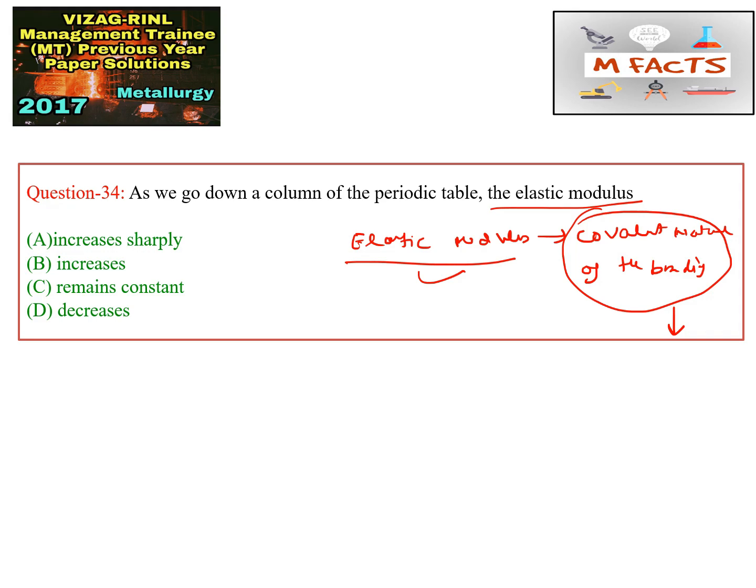So from here we can say that as we go down a column of the periodic table, the elastic modulus will decrease, okay, because the covalent nature of the bonding is also decreasing.